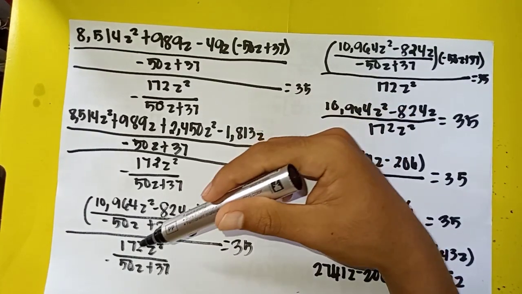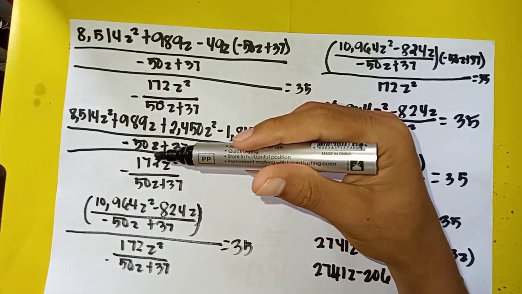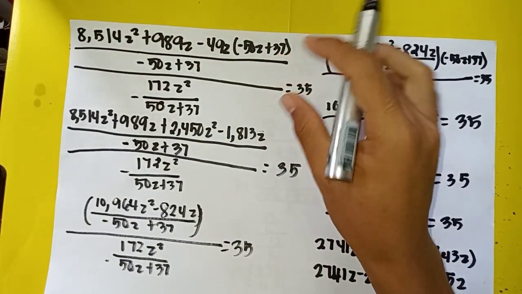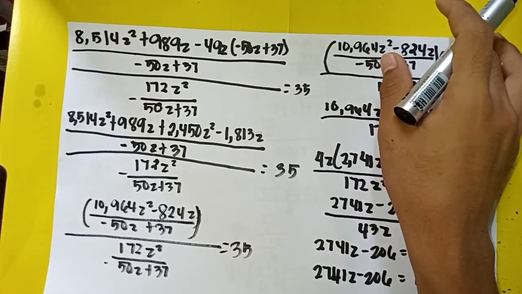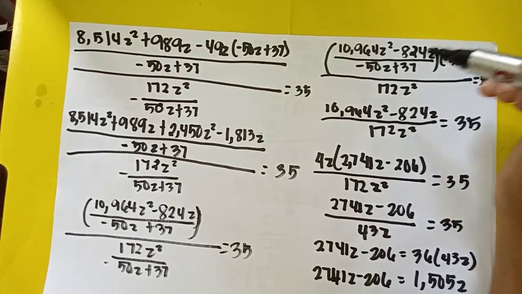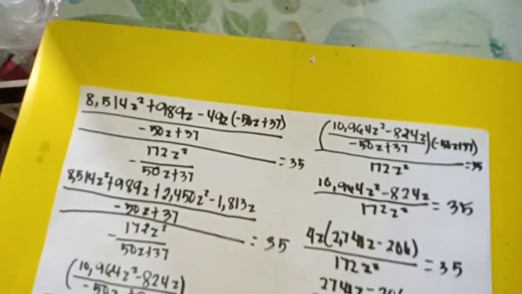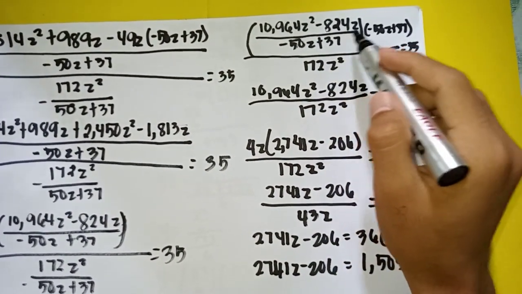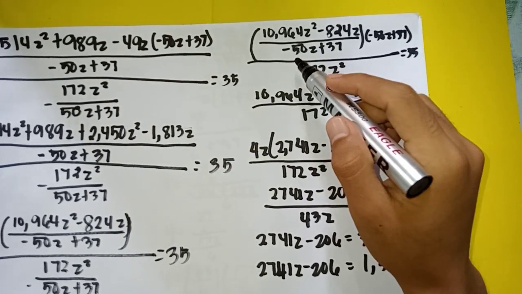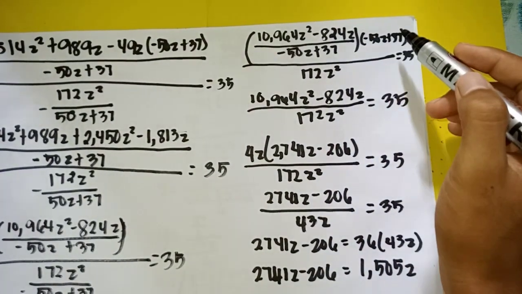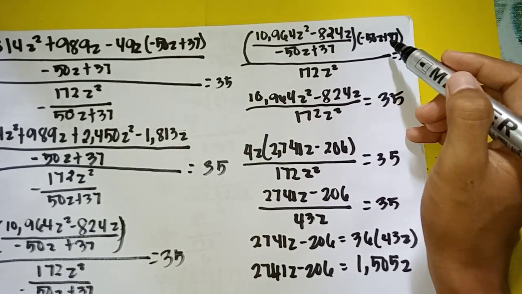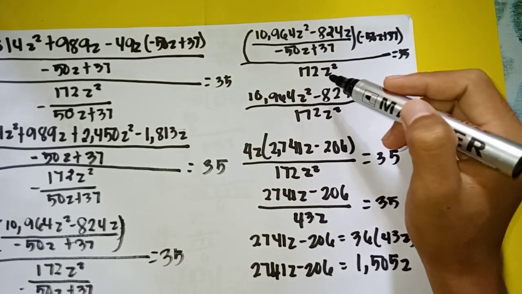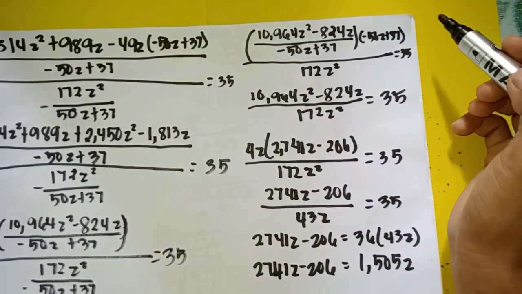And again, over negative 50z plus 37 over 172z squared over negative 50 plus 37 equals 35. (10,964z minus 824z) over negative 50z plus 37 times negative 50z plus 37 over 172z equals 35.